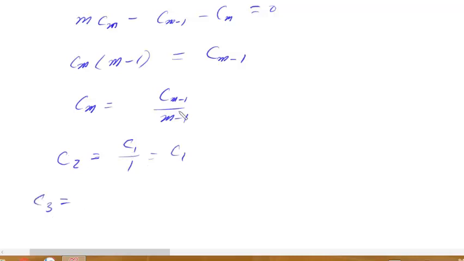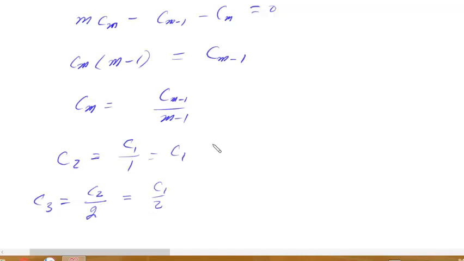Then c3 is c2 divided by 2, and here we put the value of c2, then this is c1 divided by 2.